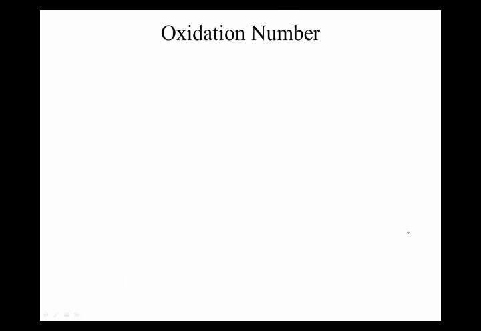Okay. Here are the guidelines for how we find oxidation numbers. For elements in their standard states, just elements by themselves, O2, argon, metals like iron, the oxidation number is 0. It's always 0. They're neutral.